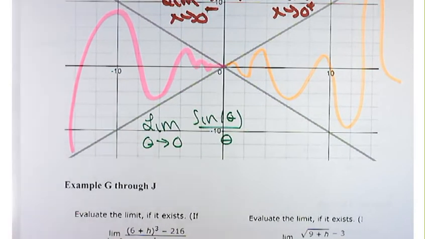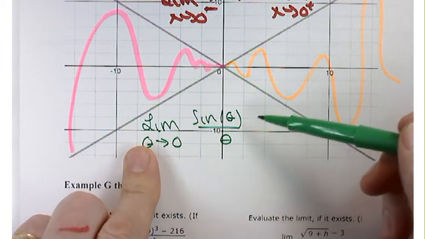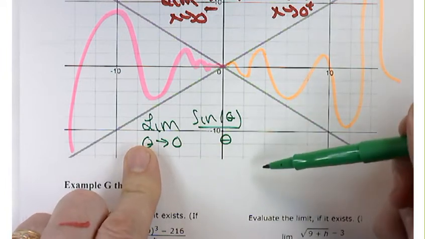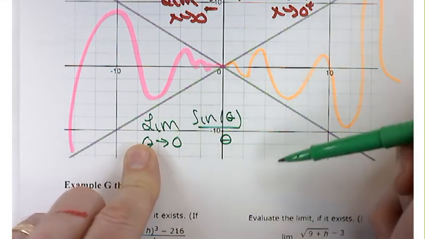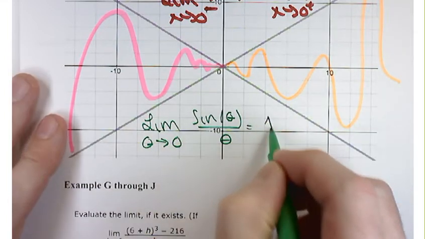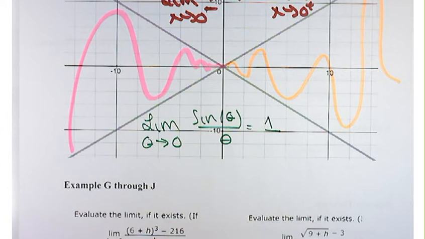Now, if you try your number one tool for calculating limits, plug in the limit, what do you get when you plug in theta equals 0? Yeah, 0 over 0. So is that 1? Is it infinity? Is it undefined? And actually, spoiler alert, you can show that this limit is 1, despite the fact that both the numerator and denominator are going to 0, which is strange, but it's true.